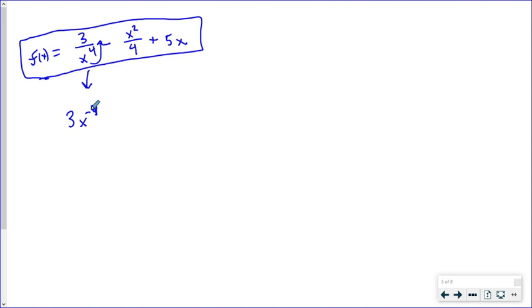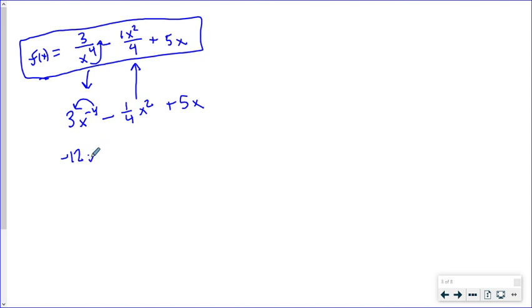Here we go. All right, minus, now you see this one? The x is on top, so I can just separate these two. That's actually a 1 right there. So I can make this a 1 over 4 times x squared. These two are the same, plus 5x. Now I do the power rule. This goes here, so it's 3 times negative 4, which is negative 12.